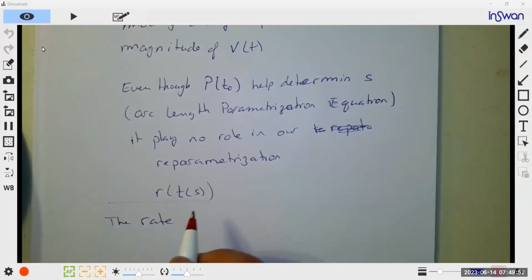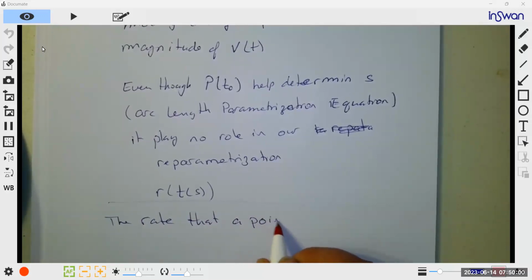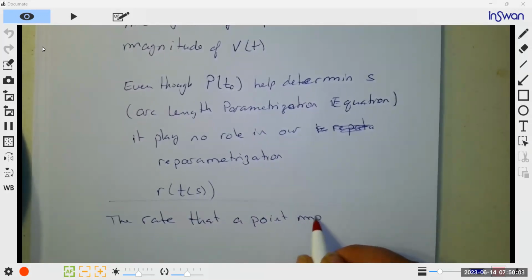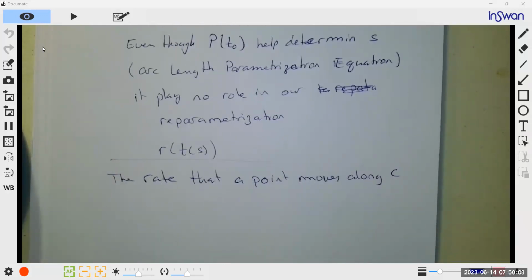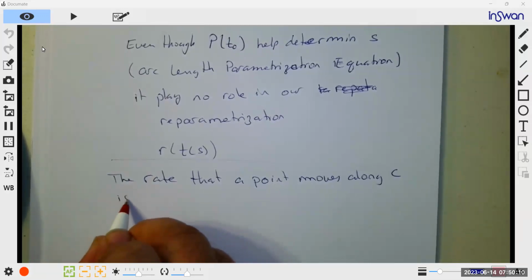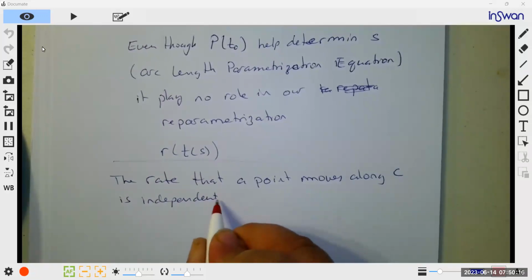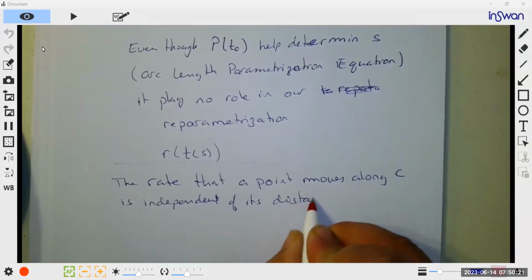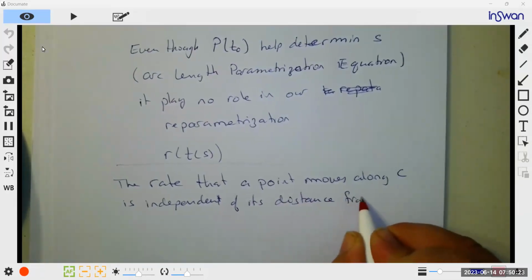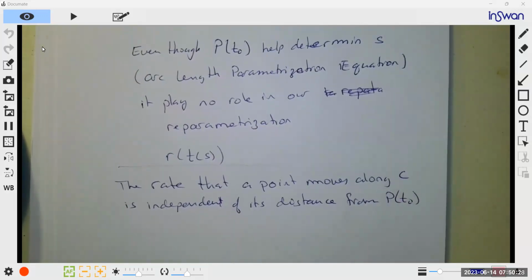The rate that a point moves along the curve C is independent of its distance from the base point, p sub 0.